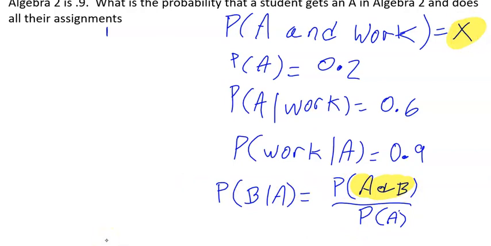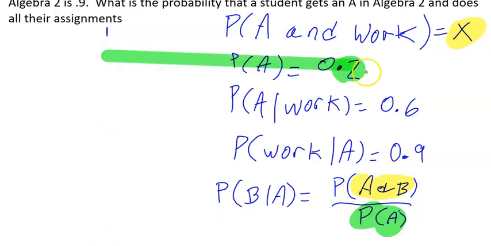The probability that we got an A, it just so happens to be that we actually used probability of A, is 0.2. So we need the conditional probability that ends with the A. The conditional probability that ends with the A is this 0.9.